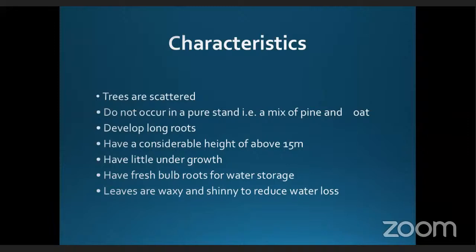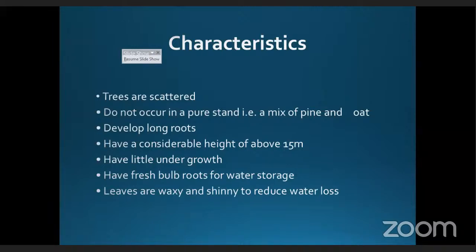Then we are also saying that they develop long roots. This is because they want to get water from the deeper layers within the soil. And then they have a considerable height of about 15 meters. That means that they are not so long.